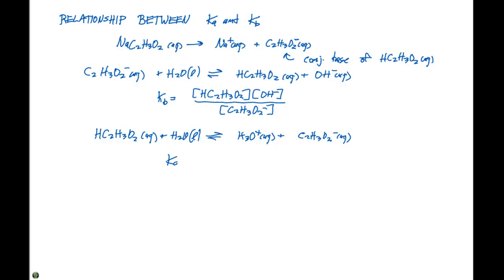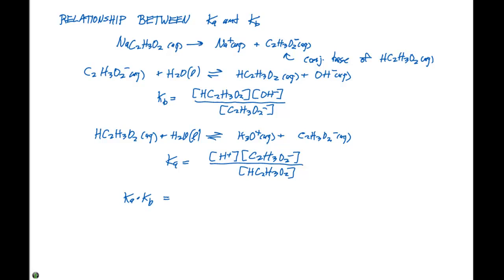The Ka for this particular expression is going to be the concentration of H+ times C2H3O2- divided by the concentration of HC2H3O2, or acetic acid. So what happens now if I take Ka and multiply Ka times Kb?